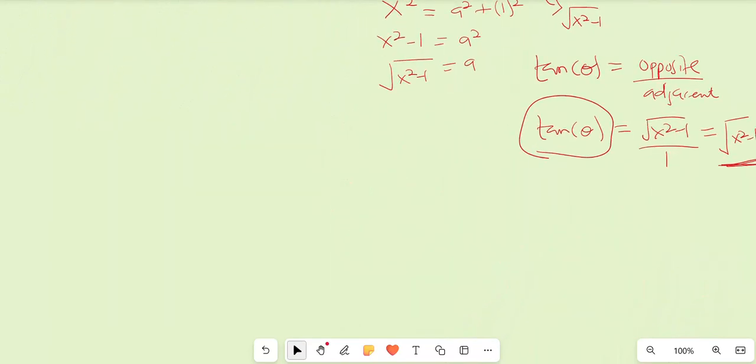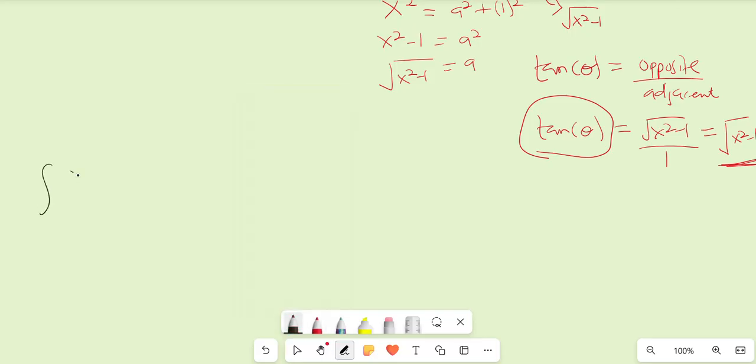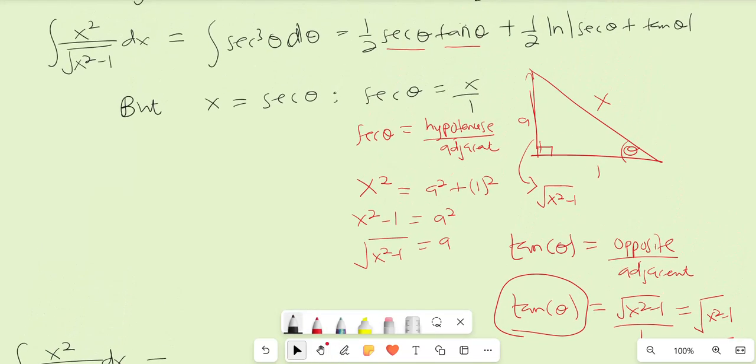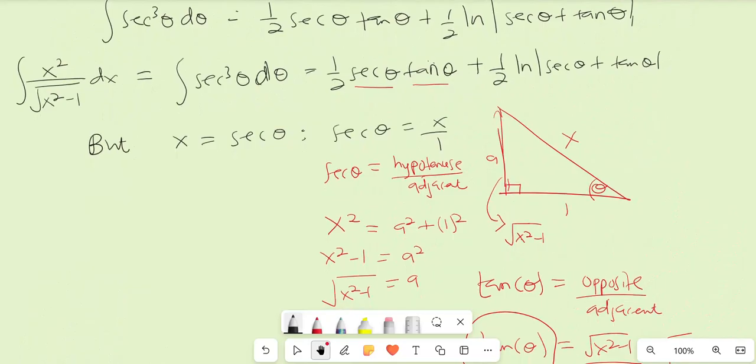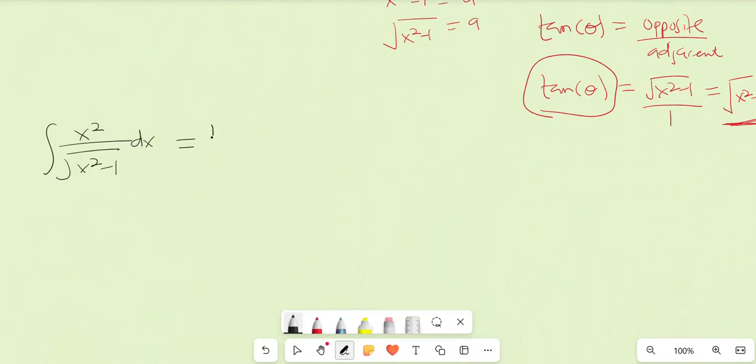So the integral of x squared over the square root of x squared minus 1 dx should be equal to 1/2 secant theta tangent theta.